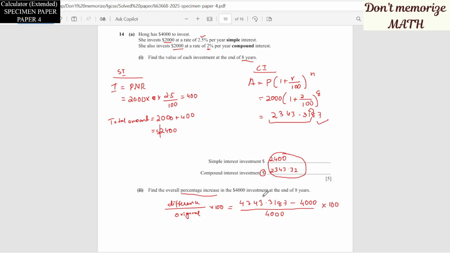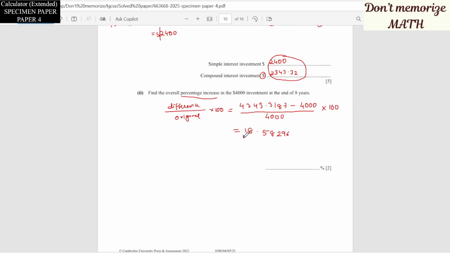When you calculate this part, use the fraction button, then press answer instead of typing it, minus 4000, divided by 4000, times 100. So we'll get 18.58296. This is a percentage, so round it to 3 significant figures. The next digit is more than 5, so add 1. So 18.6 percent.